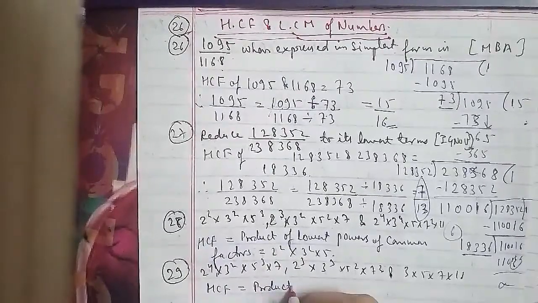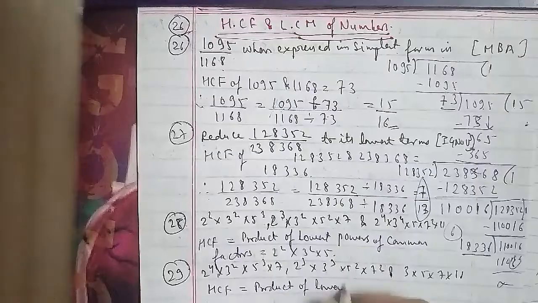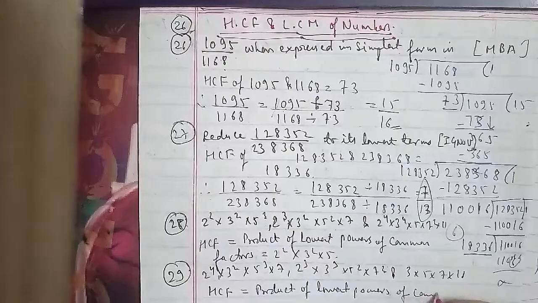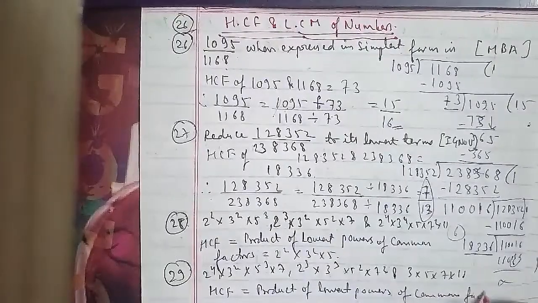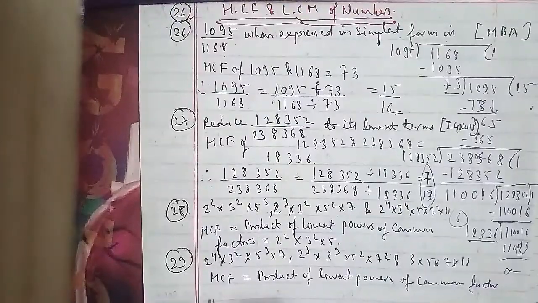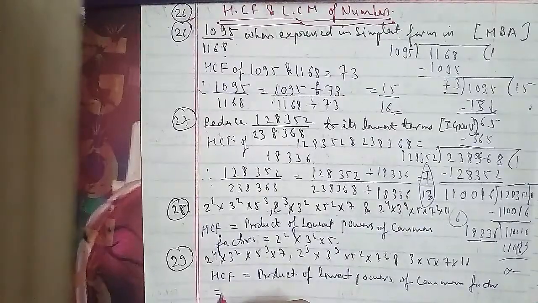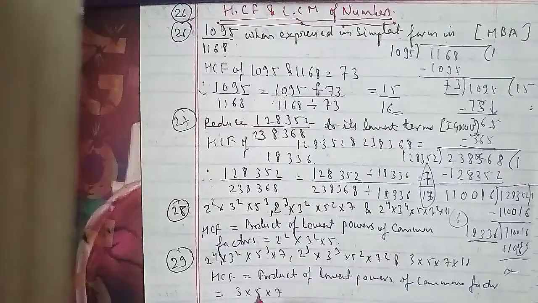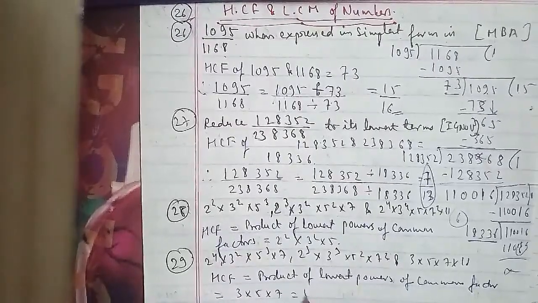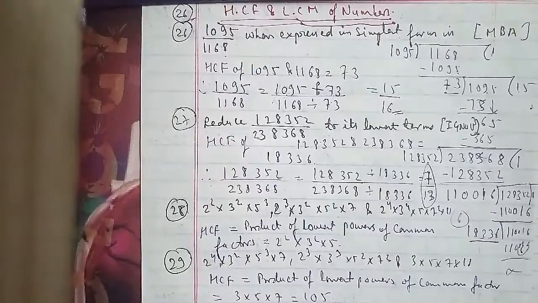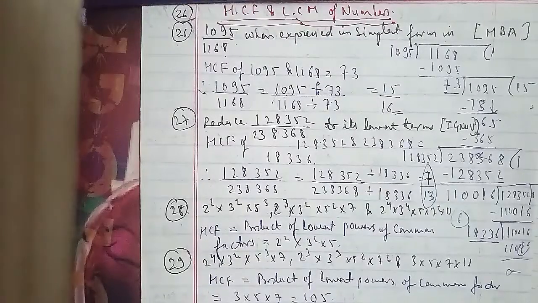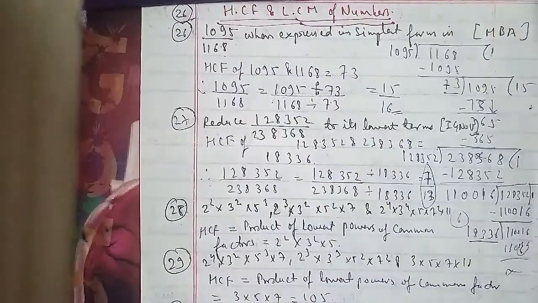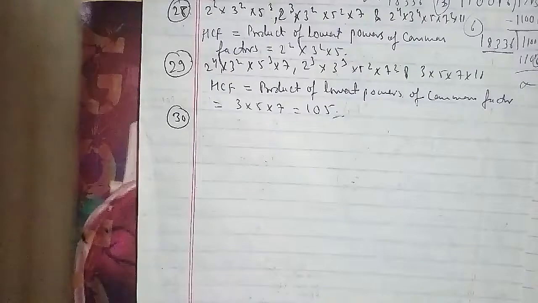Let's go ahead with the other one, which is the 30th question of the session. The question is the SCF of 4 into 27 into 3125; 8 into 9 into 25 into 7; and 16 into 81 into 5 into 11 into 49.